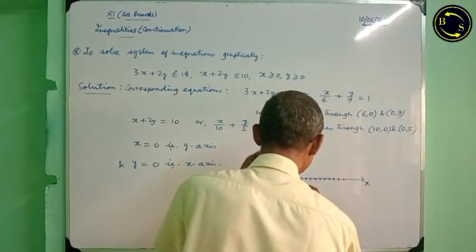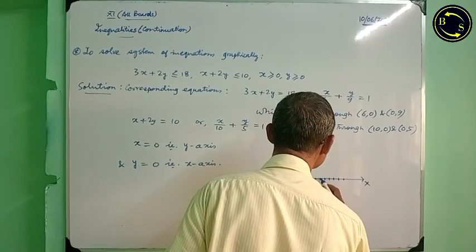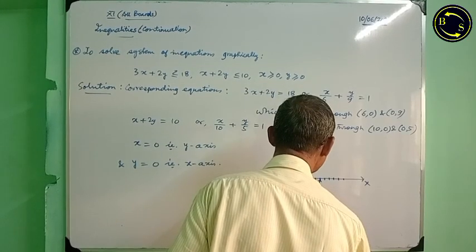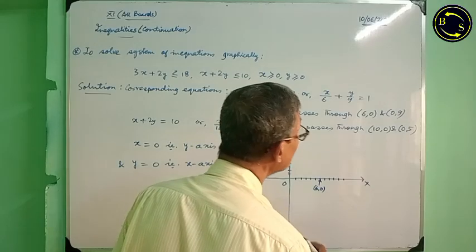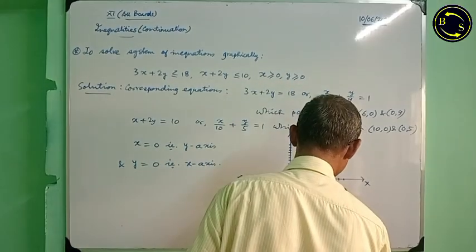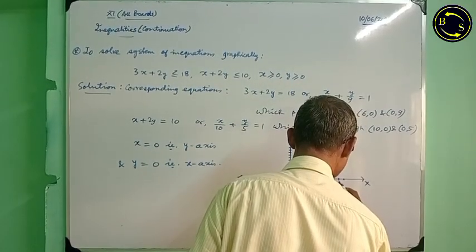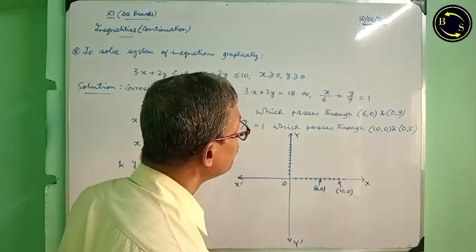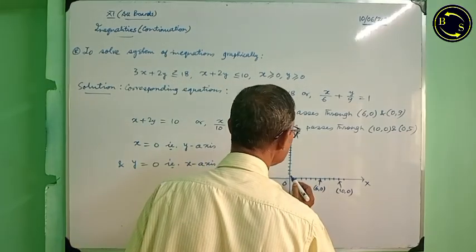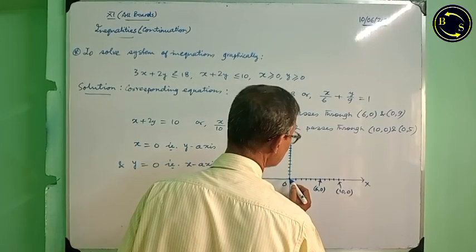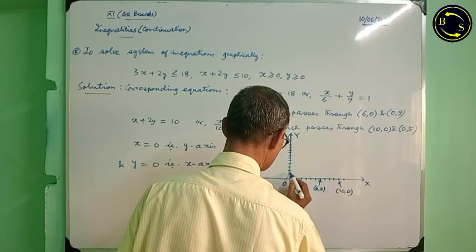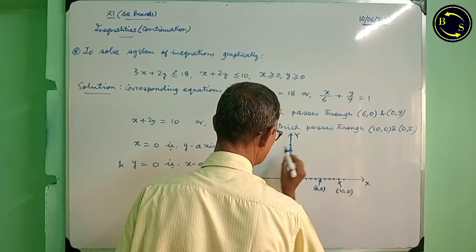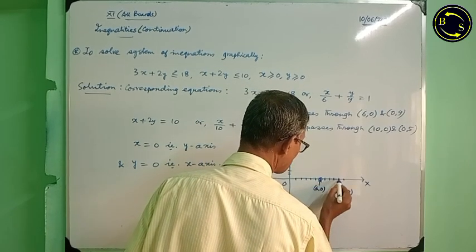For this one 6, 0, 10, 0, 0, 9, I mark like this.